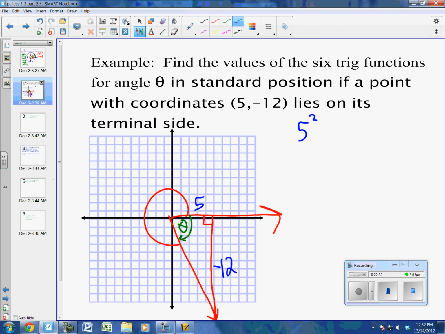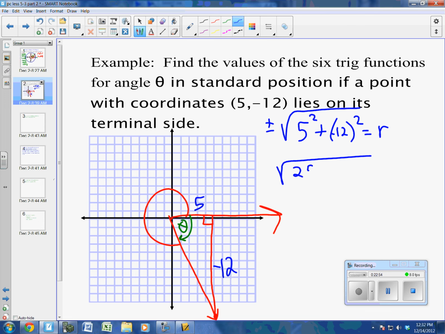5 squared plus negative 12 squared equals r squared, right? And remember, I already gave you the formula. We square root both sides already, right? So it's just r equals the square root of 5 squared plus 12 squared. Well, what is 5 squared, everybody?